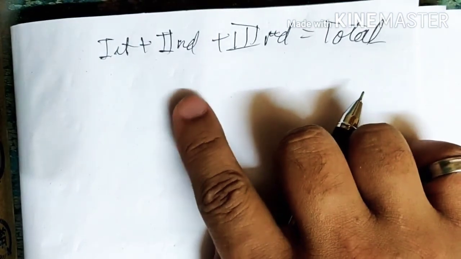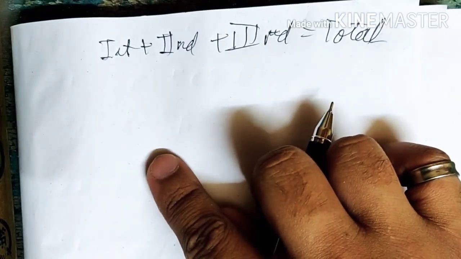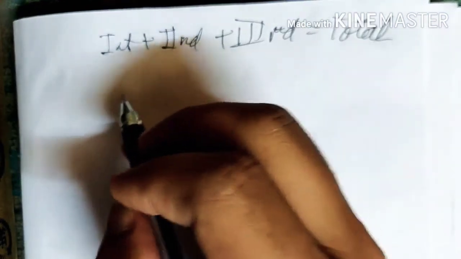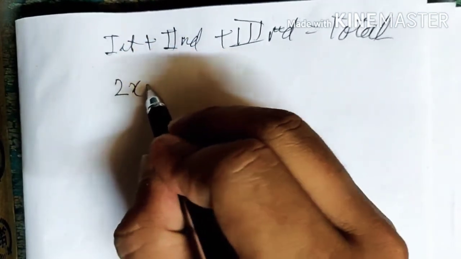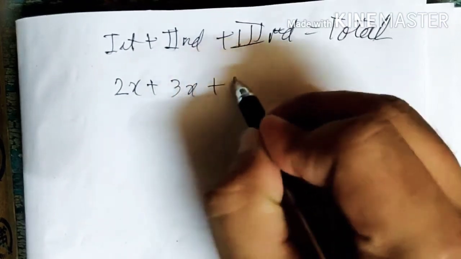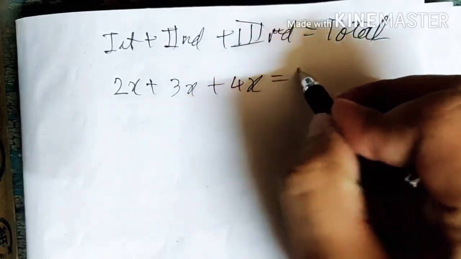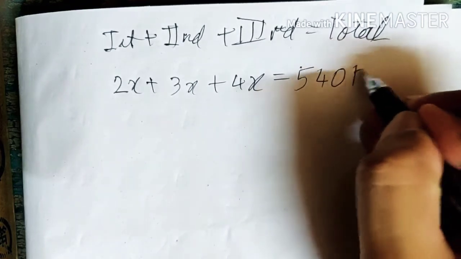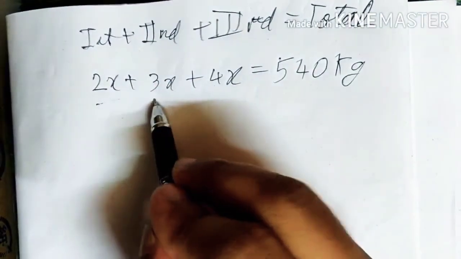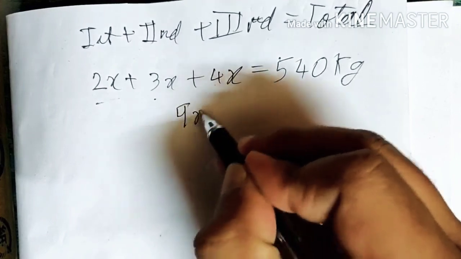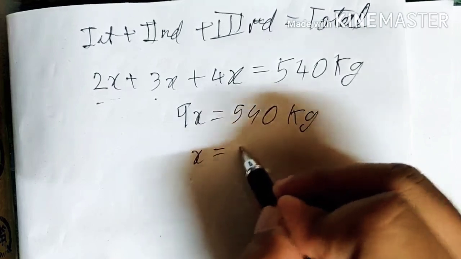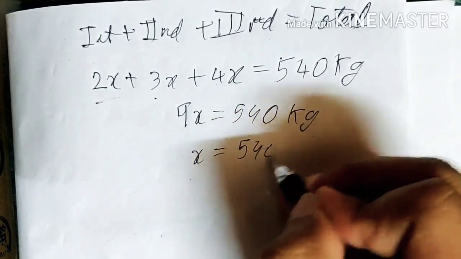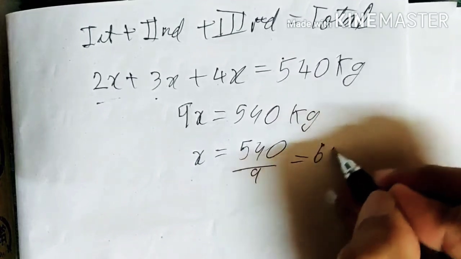If you bring fruits back from the bags and add them again, you will again get 540 back. So 2x plus 3x plus 4x is equal to total 540 kg. So 2 plus 3, 5, 5 plus 4, 9x equals 540 kg. So again x will be equal to 540 upon 9, that is 60 kg.